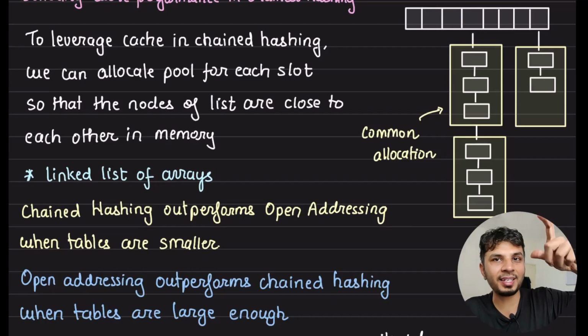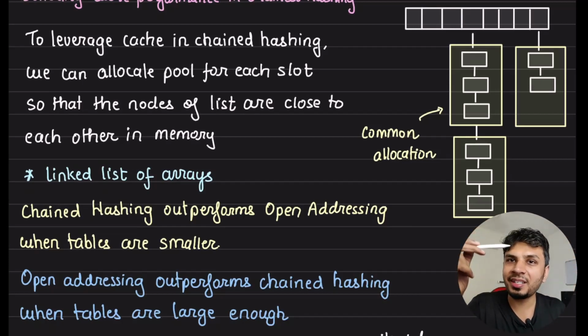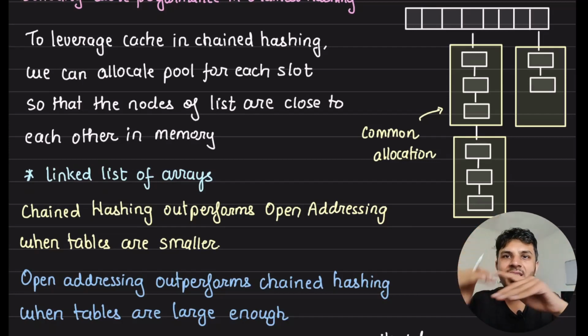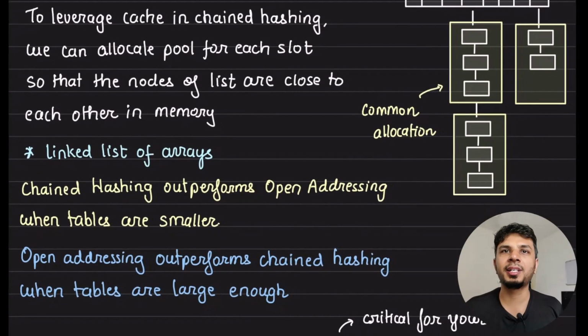When you are accessing them, there is a very high chance that the entire slot will be cached on the CPU. This way, when you are traversing through the linked list, you are still iterating through the array, because they are contiguously allocated. Given that, you can leverage the CPU cache, and that is such a beautiful optimization.